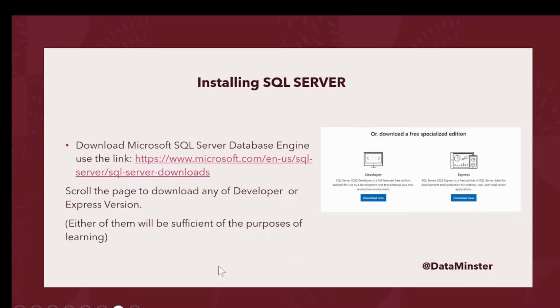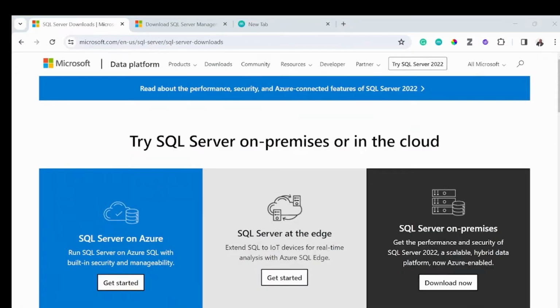We will be going to this link, which I have added in the description, where you'll be able to download the SQL Server database engine, and I will show you right here how you can get it.